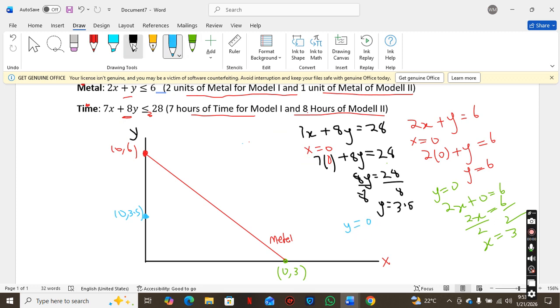Okay. Then, with this same equation, we're going to say, okay, when y equals 0, what is our x value? 7x plus 8 times 0 equals 28. 8 times 0, that is 0, so we just have 7x equals 28. So our value of x, 28 divided by 7 is 4.